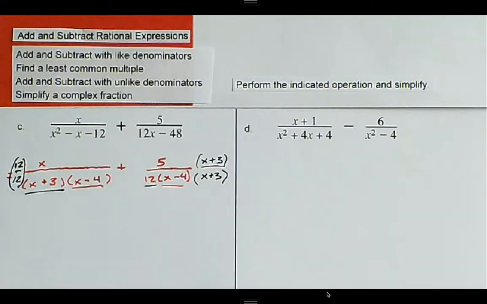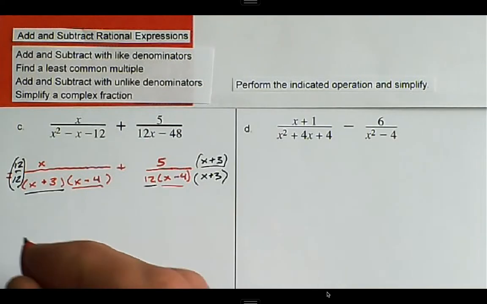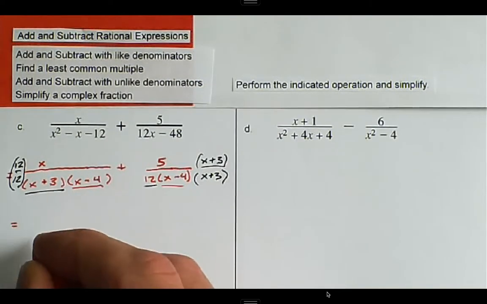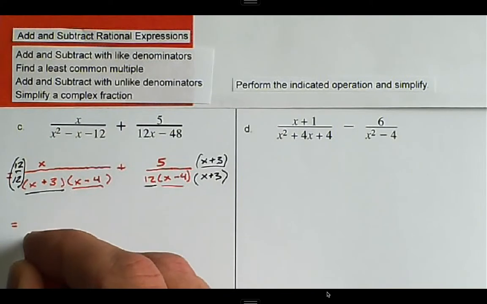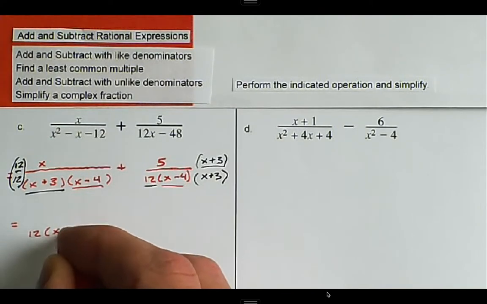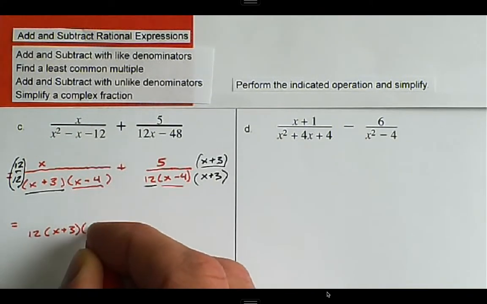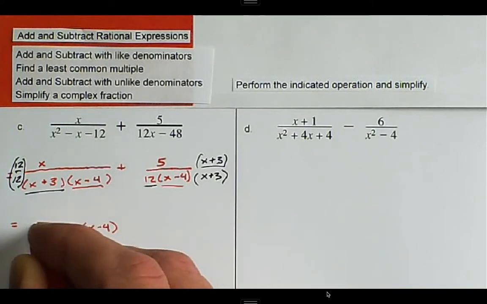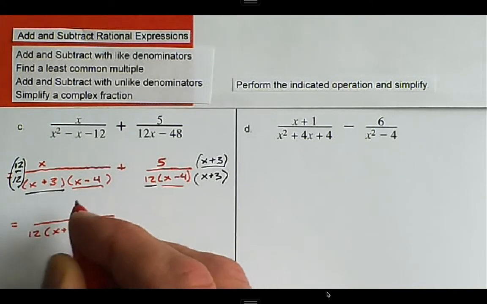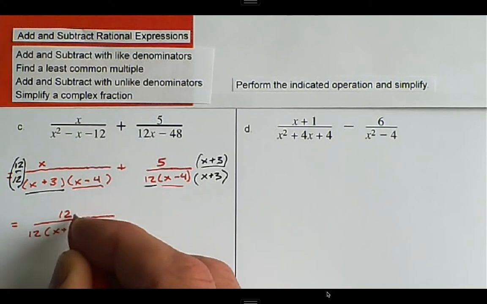And then that will give us our common denominator. So we can go ahead and do this math, and then we get 12 times x plus 3 times x minus 4, all over 12x.